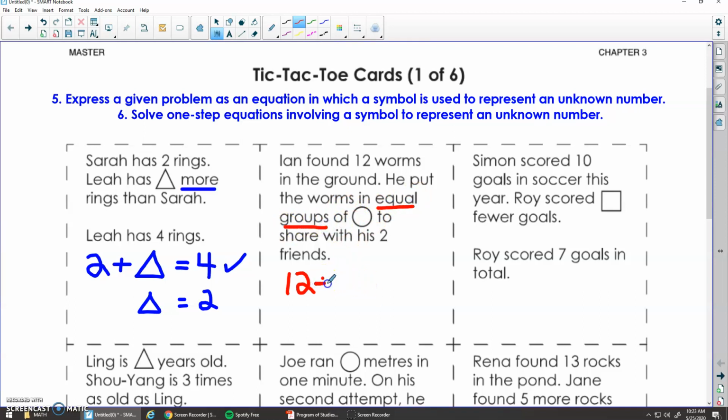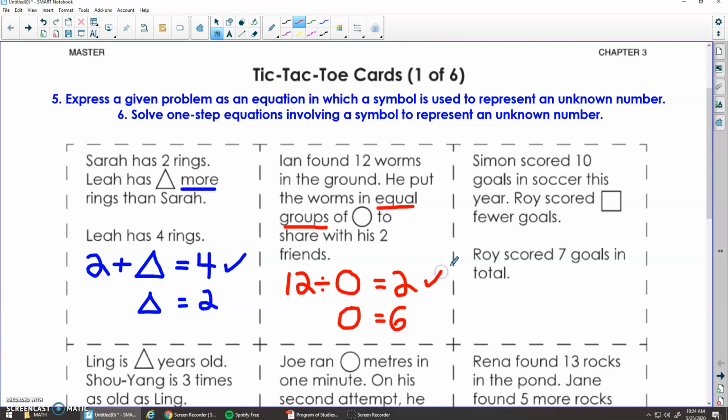So if he put them into equal groups of circles, it's not a 0, that's a circle, to share with his 2 friends. Now it doesn't ask you how many worms each student gets, but of course your answer then would be 6. You can do the further step, but all I need is this.